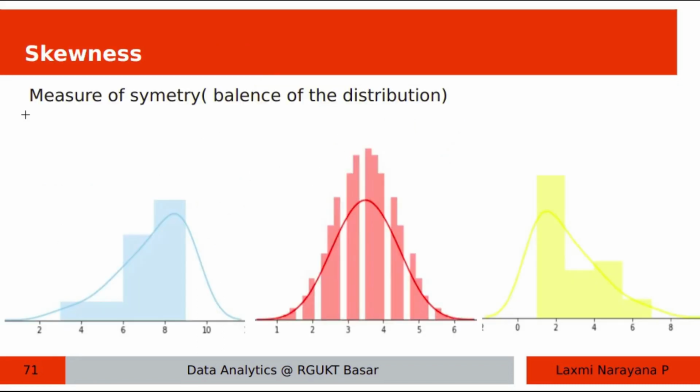Skewness. Skewness measures the symmetry of the distribution, or we can say it is the measure of balance of the distribution. Positive skew denotes a distribution shifted to the left, means most of values are left side. Negative skewness reflects a shift to the right.